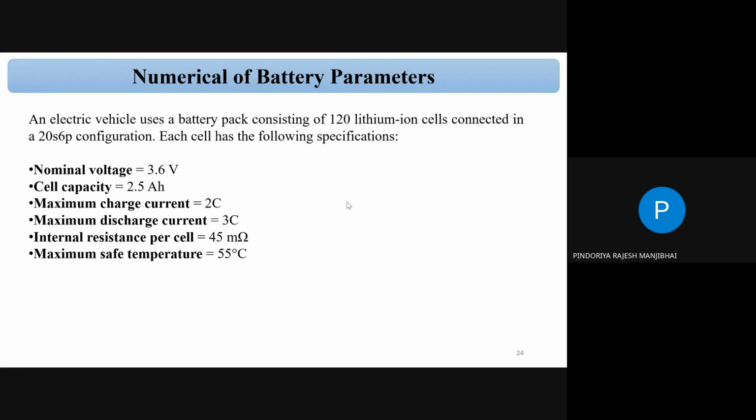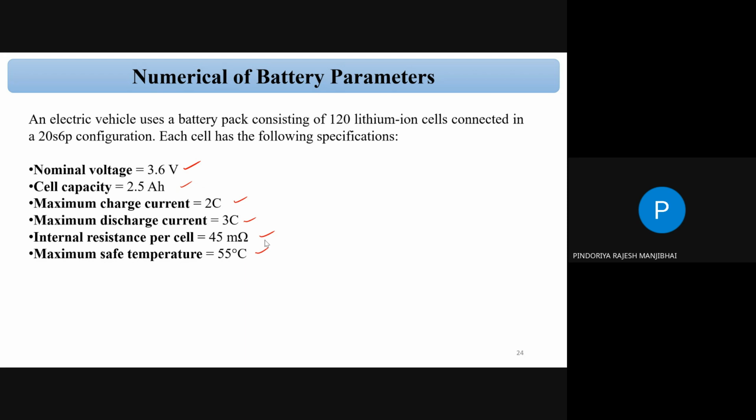Each cell has the following specification: nominal voltage 3.6 volt, cell capacity 2.5 ampere hours, maximum charge current 2C, maximum discharge current 3C, internal resistance per cell 45 milliohm, and maximum safe temperature 55 degree centigrade.